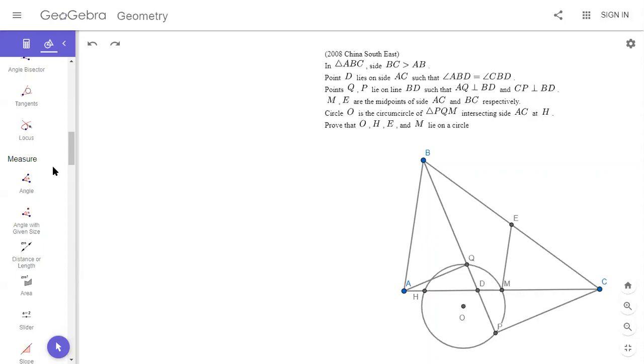It seems like it should be provable that BP over AM is BD over AB.